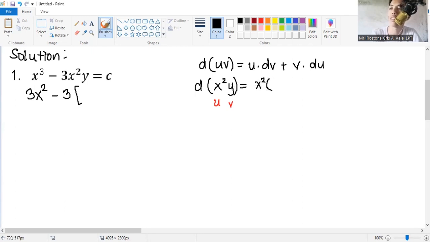At ano ang derivative ng y? That is y prime. Okay, dahil nga, we are differentiating in terms of x. So, yung y, pag kinuha ang derivative ng y, that is y prime. Then plus v, our v is y. Then the derivative of x squared is 2x.